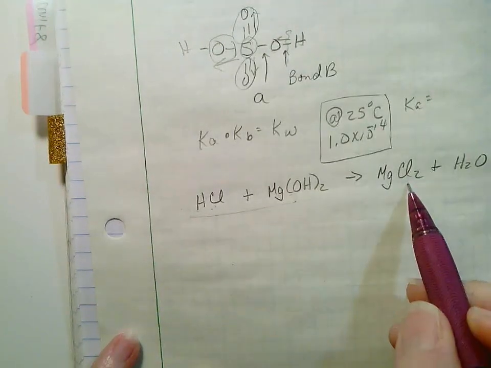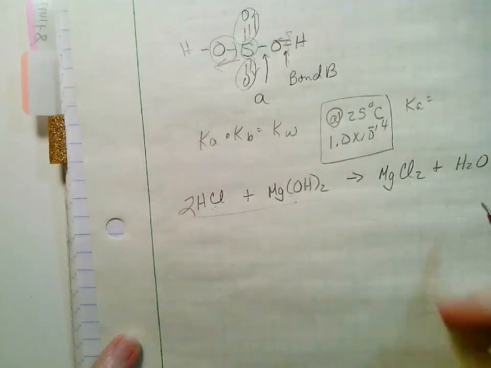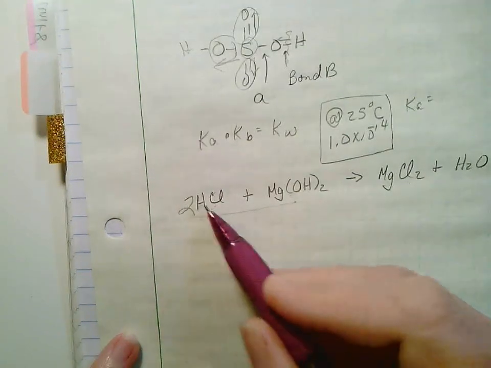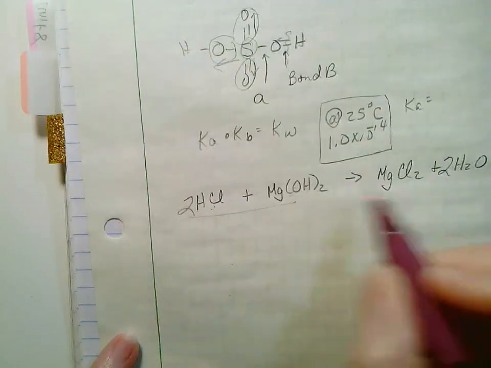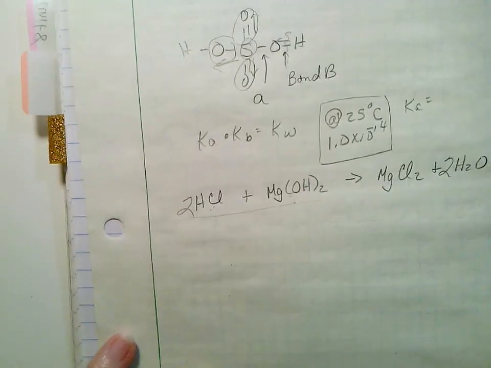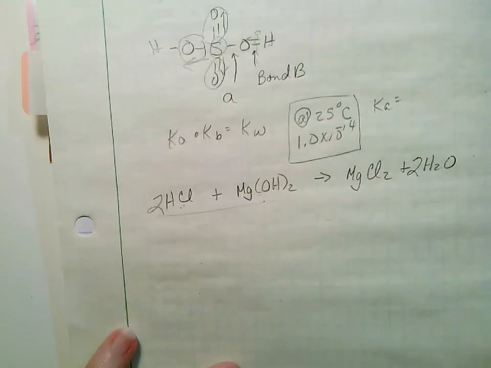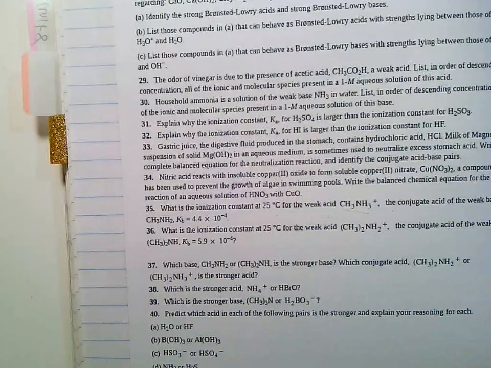So I need 2 chlorines, so I need a 2 over here. And that gives me 4 hydrogens total, so I need a 2 here. I have 2 oxygens, so there it is, all balanced. Easy peasy lemon squeezy.